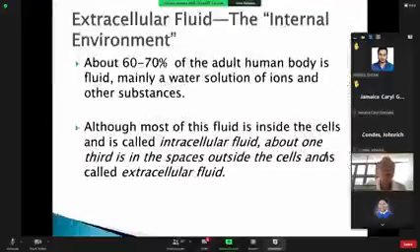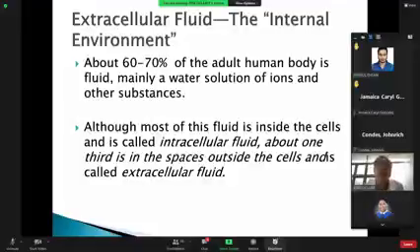So now we go to the extracellular fluid, or the ECF. In the pretest that I gave you, the ECF is referred to as the internal environment. The conditions by which the cell is suspended in a fluid is the internal environment.